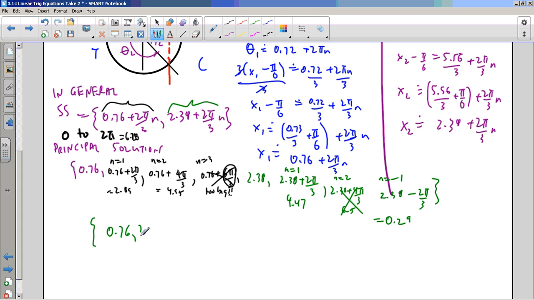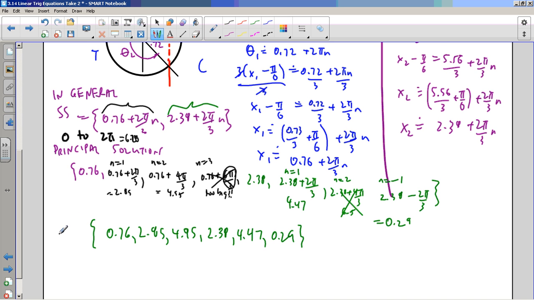Here are all of the solutions. 3 that go with theta 1. And what does that say? Can't read my own handwriting. 2.38, 4.47, and then 0.29.